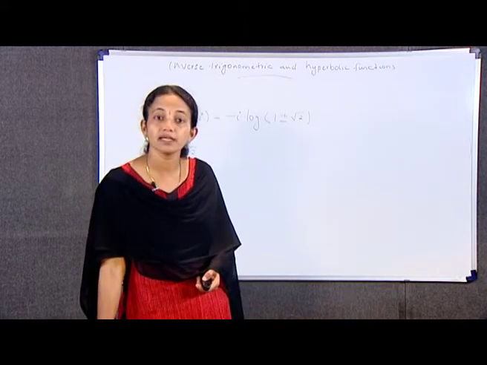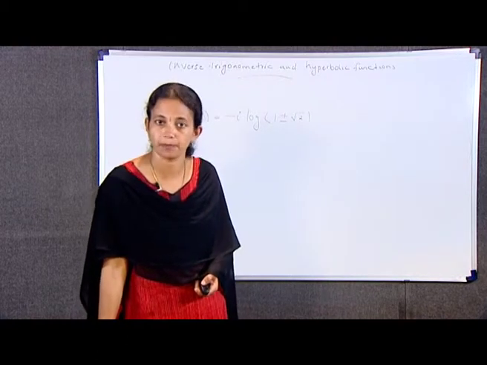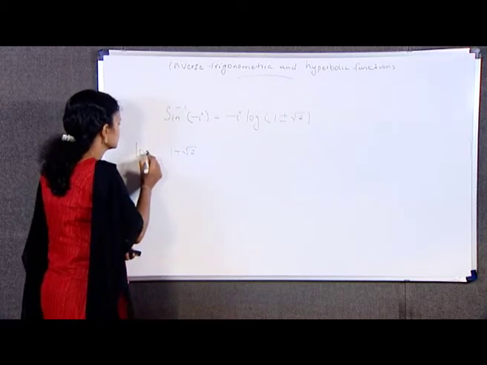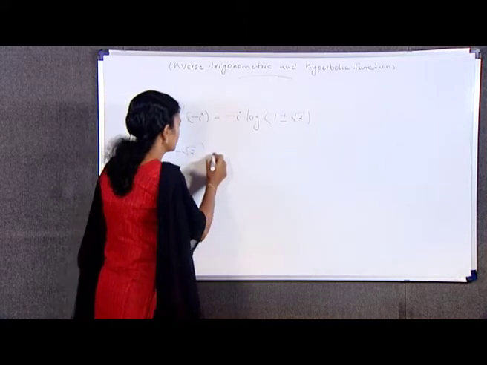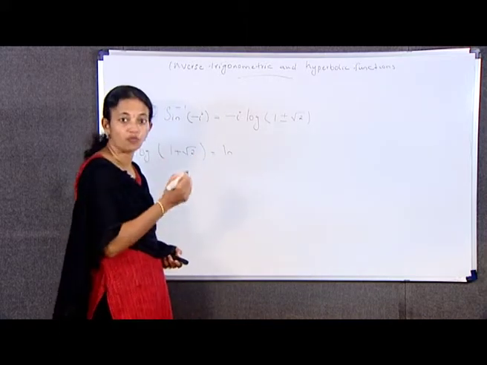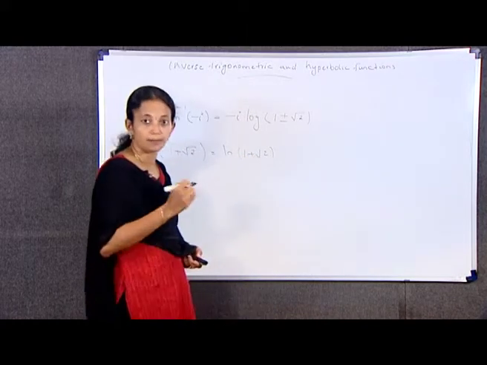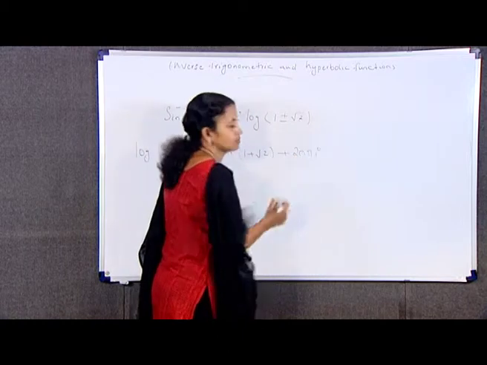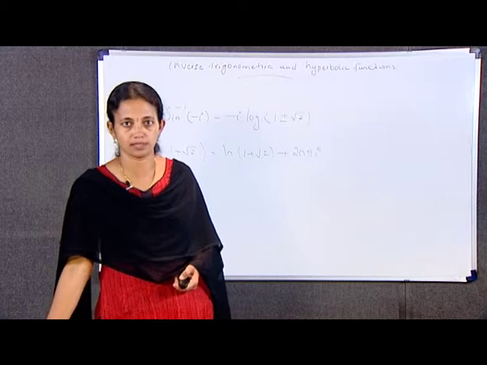And 1 minus root 2 is equal to root 2 minus 1 into e raised to i pi. So, logarithm of 1 plus root 2 is equal to ln 1 plus root 2 plus 2n pi i, where n varies from 0, plus or minus 1, plus or minus 2, etc.